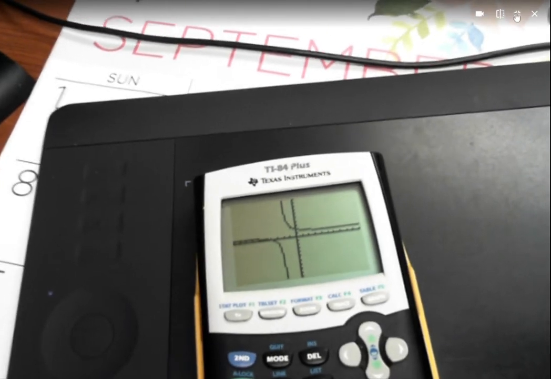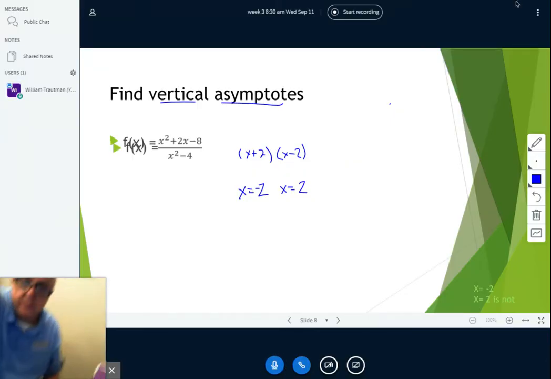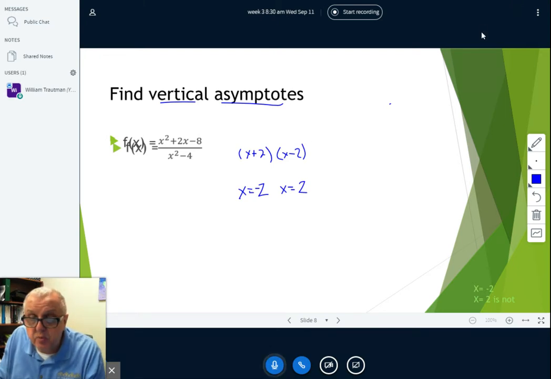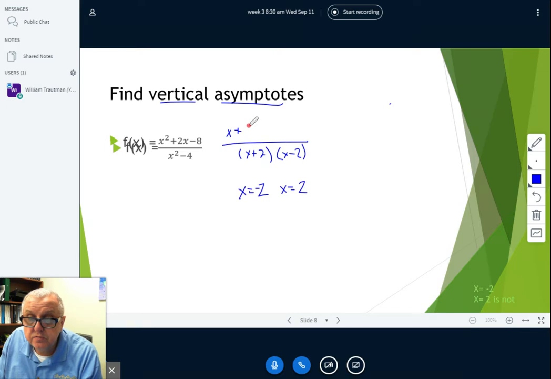It's because if you look at the top, we have to factor the top also. So the top factors to x plus 4, x minus 2. If I factor the top, do you see how the x minus 2's cancel?